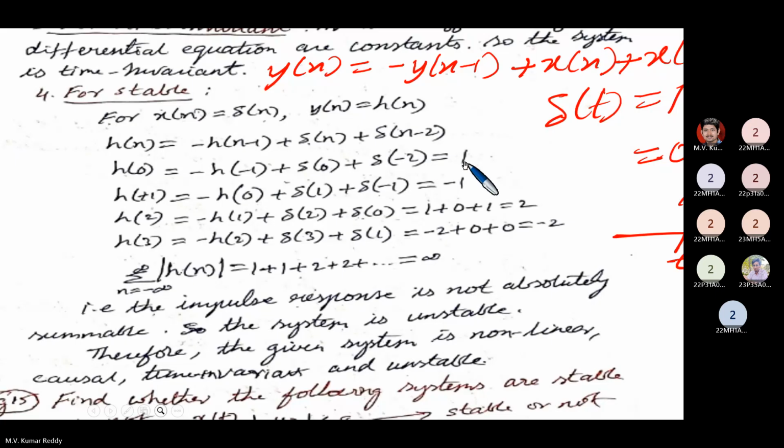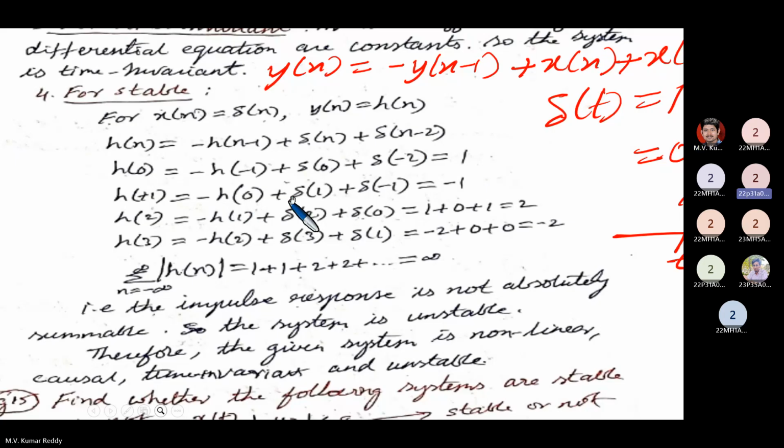In the next step, we can use h of 0 as 1. Now put n is equal to 1. What is this equation? Minus h of 1 minus 1, that is h of 0. Do we have any value of h of 0? Yes, h of 0 is equal to 1, so minus 1.